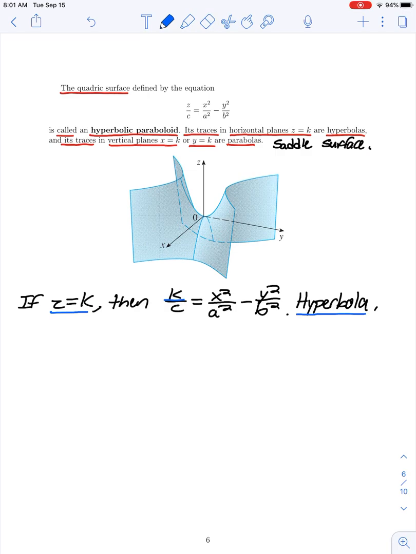So we would have a hyperbola that would look something like the following.